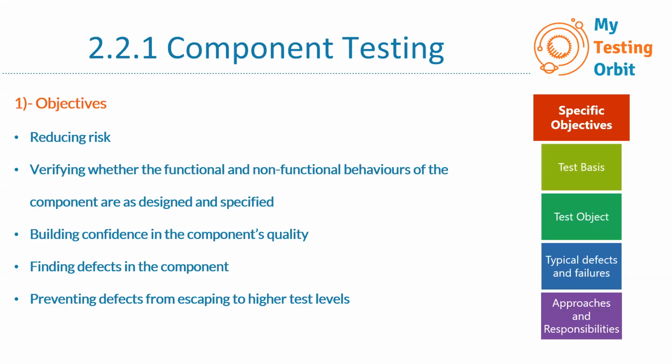Second is verifying whether the functional and non-functional behaviors of the component are as designed and specified. During component testing, we have a design phase, and then we are actually developing the product, meaning we are writing the code.